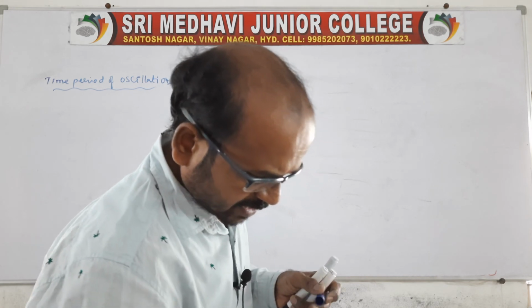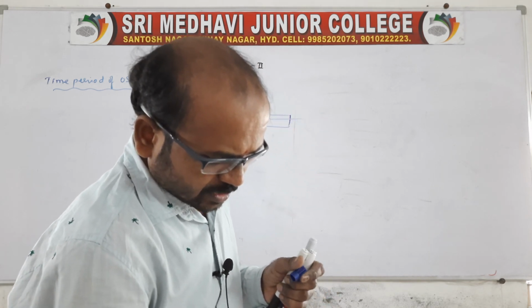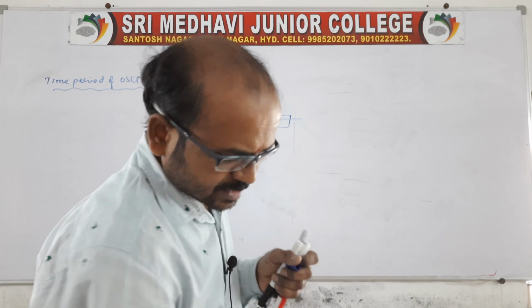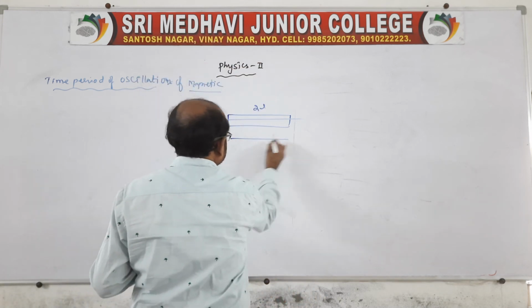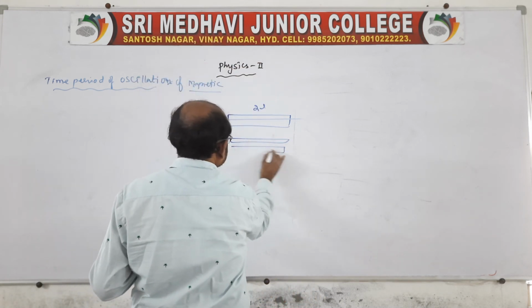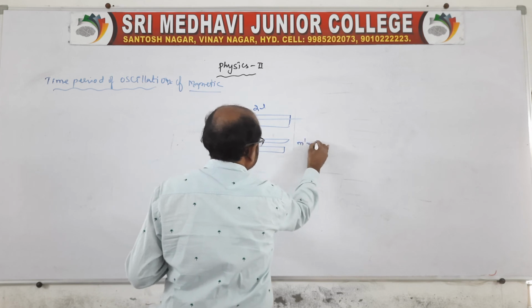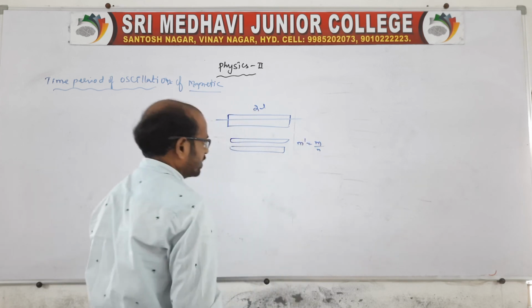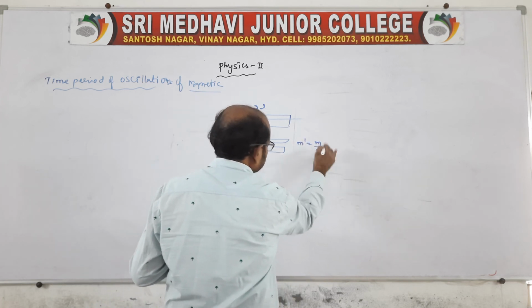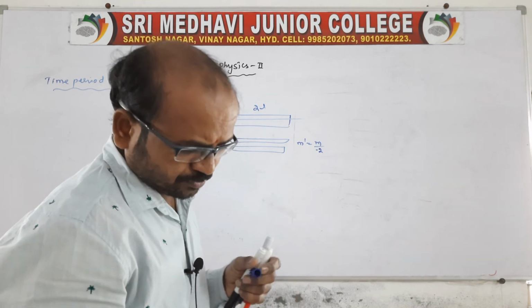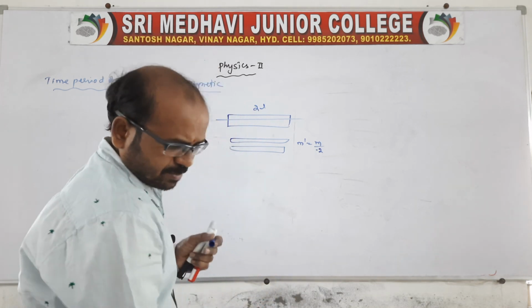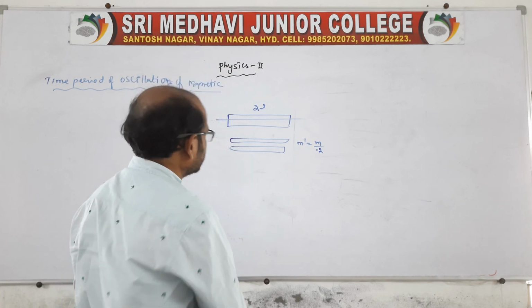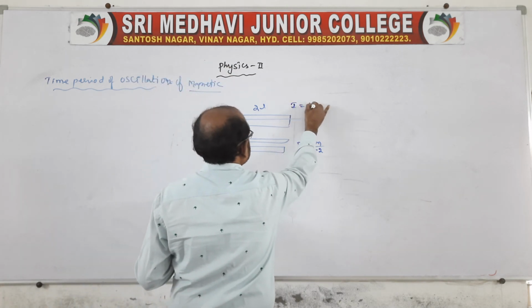Of course, if it is broken, the mass is divided into pieces, so the mass changes: m dash is equal to m by n, or if you take two pieces, m by 2. Therefore the moment of inertia changes, because the moment of inertia of the magnet is I equal to ml square by 12.